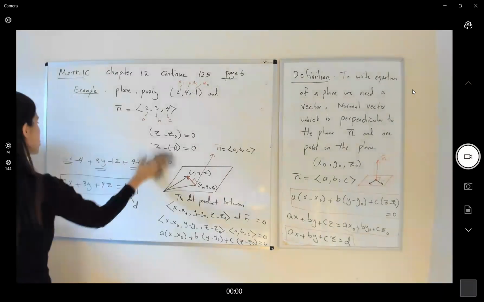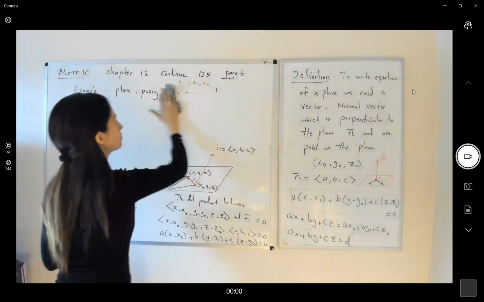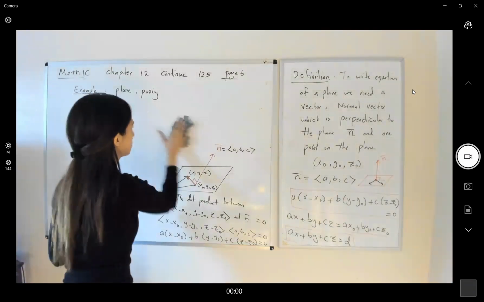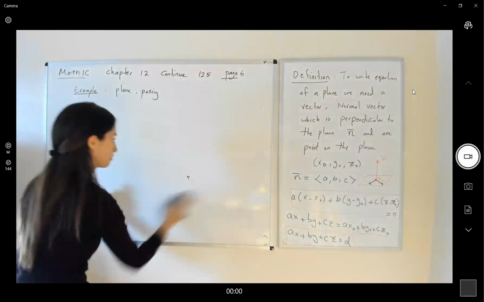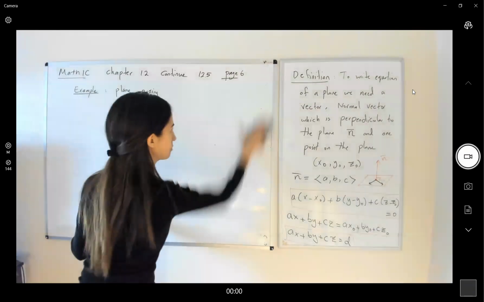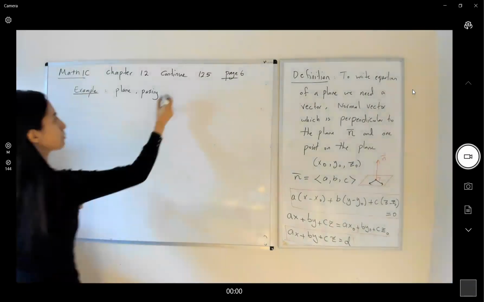Another example for you. This example says, find the equation of a plane that passes through these points.